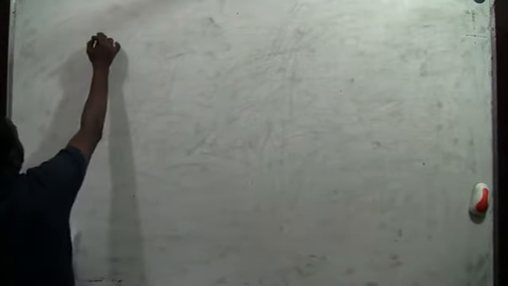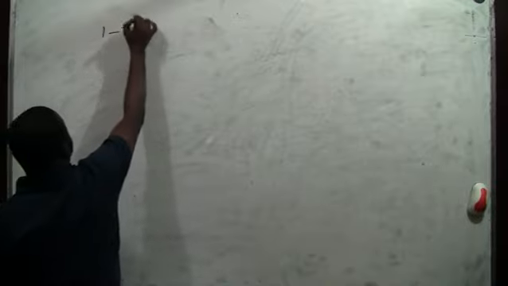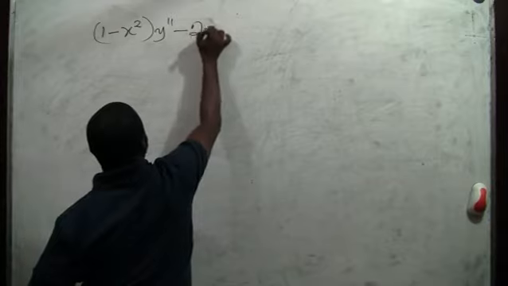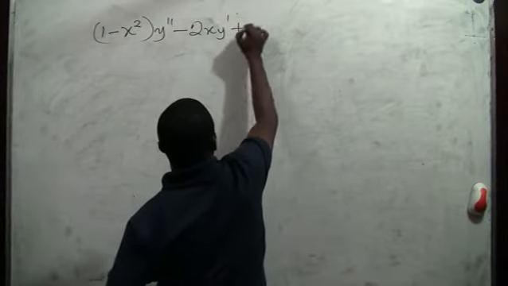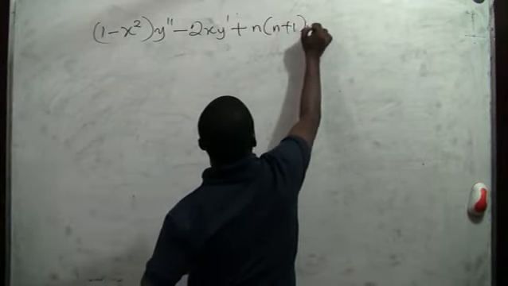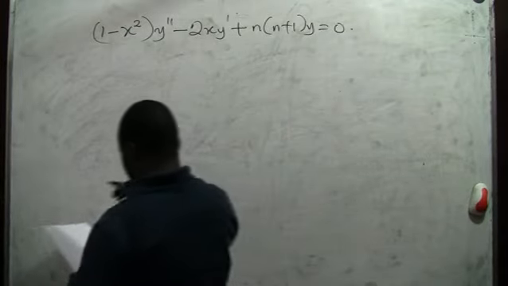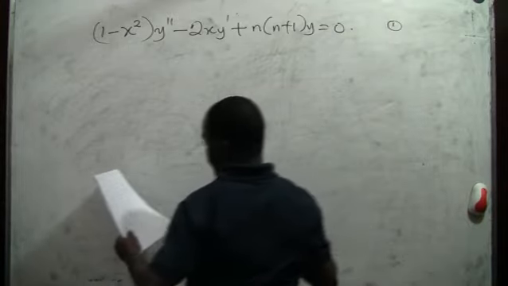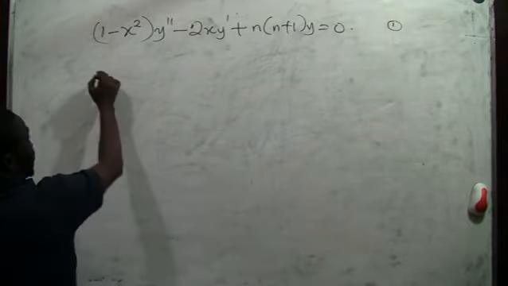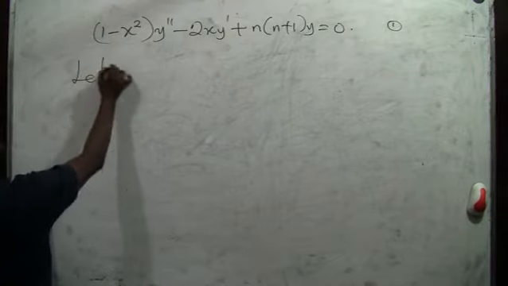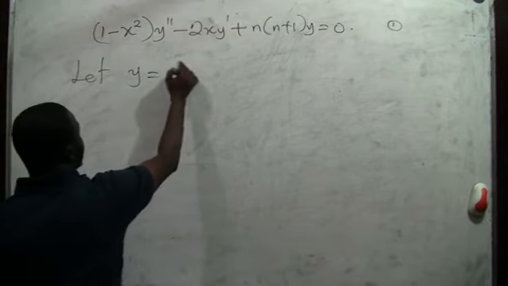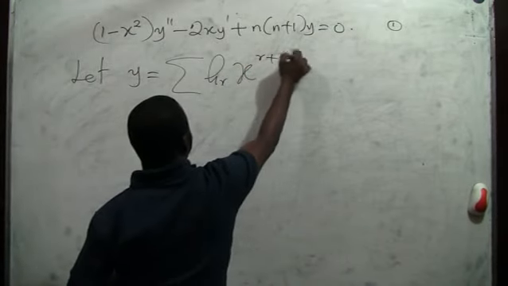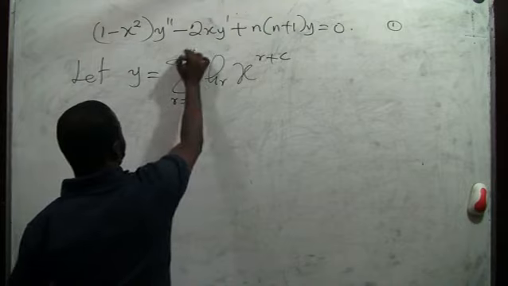Now let's consider equation 1 again. (1 minus x squared) y double prime minus 2x y prime plus n(n plus 1) y equals 0. Equation 1. Let y equals the summation of a_r x to the power r plus c, r from 0 to infinity.